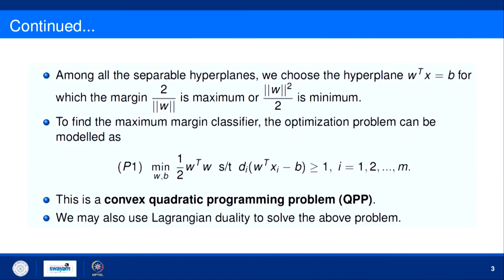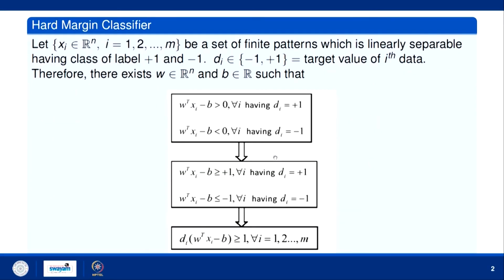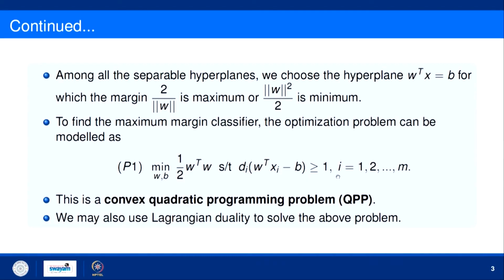So, what is the problem now? The problem is converted into minimization of 1 by 2 W transpose W, subject to this constraint, for i from 1 to m. Now it is a very simple quadratic programming problem.